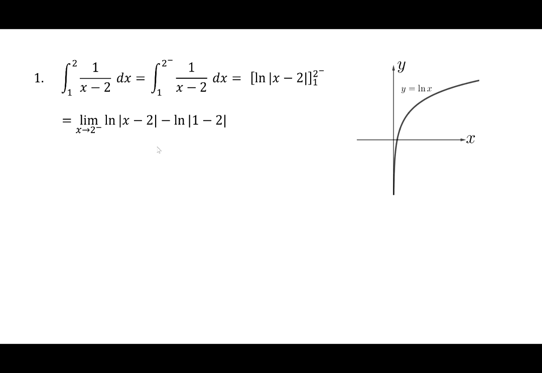What are we looking at? Please pay attention to this. What are we talking about? We're talking about a scenario where the argument gets closer and closer to 0. Not x, but absolute value of x minus 2, the argument of natural log.